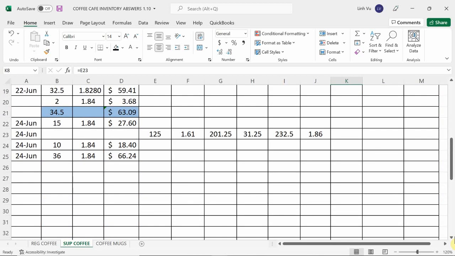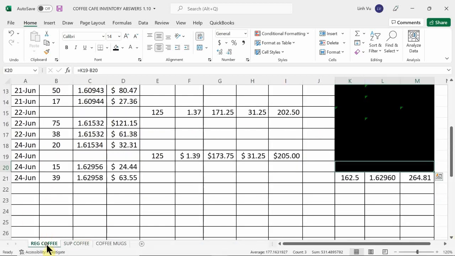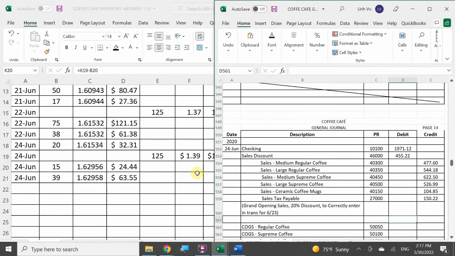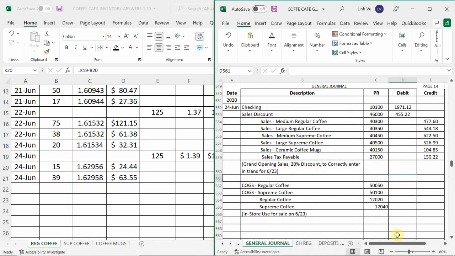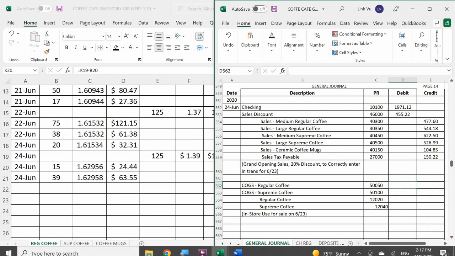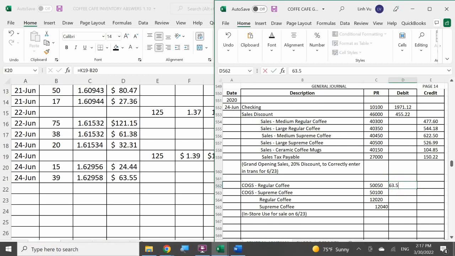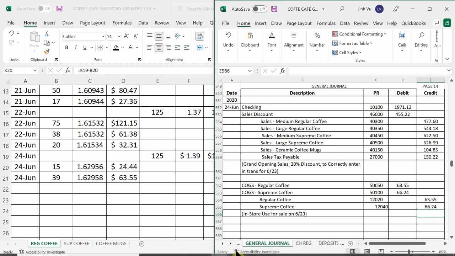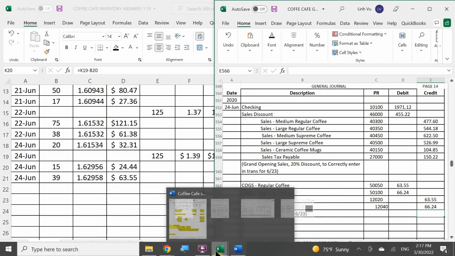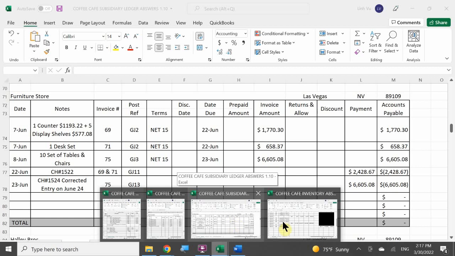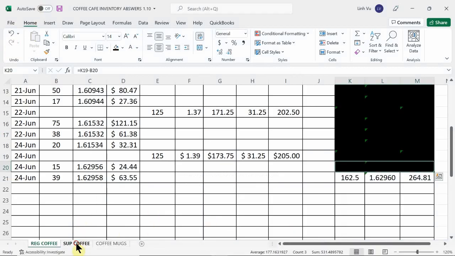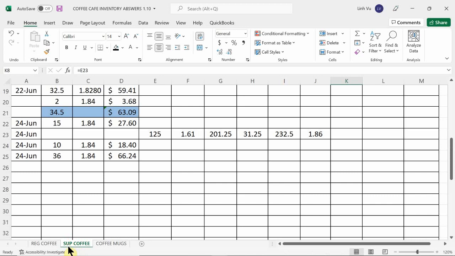We got 66.24 for Supreme Coffee, and we got 63.55 for our regular coffee. $63.55 and $66.24. Oh, 66.24. Okay.